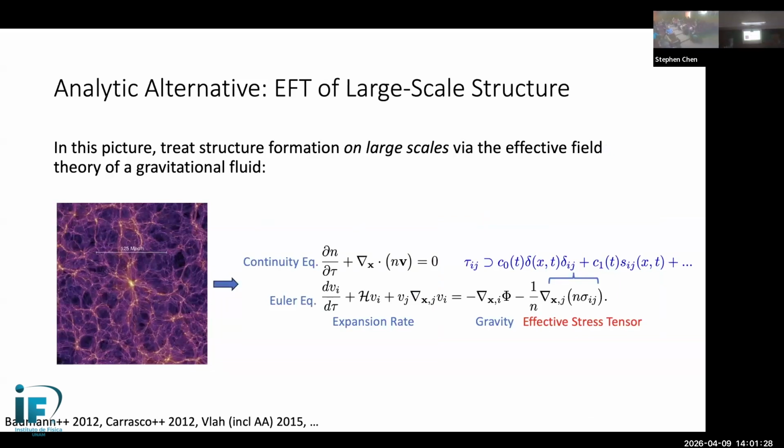People have looked at running the theory's cutoff, but I don't think there's really anything to gain. All the parameters we put in are dimensional parameters. It's not like the running gives you anything.